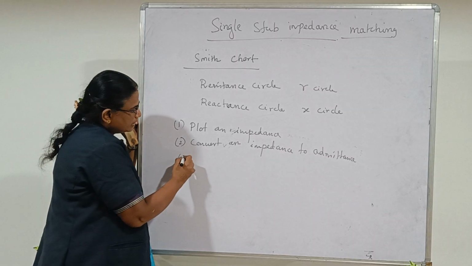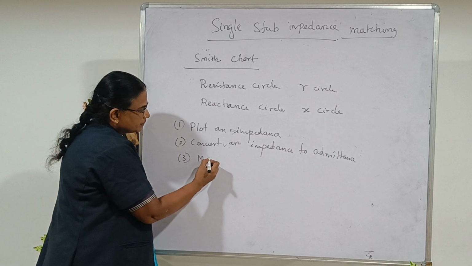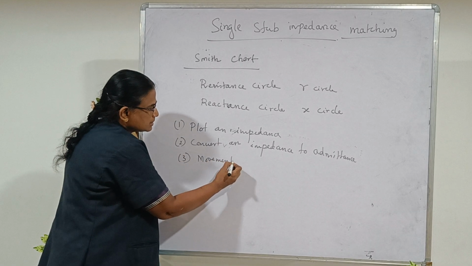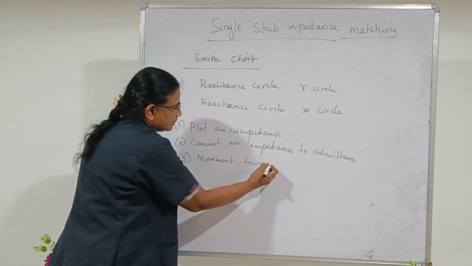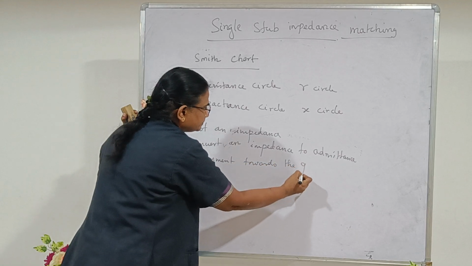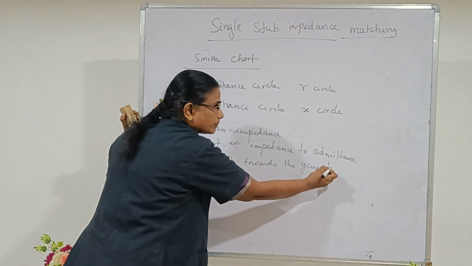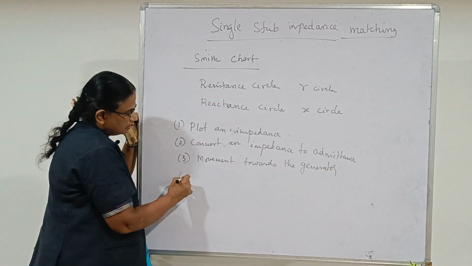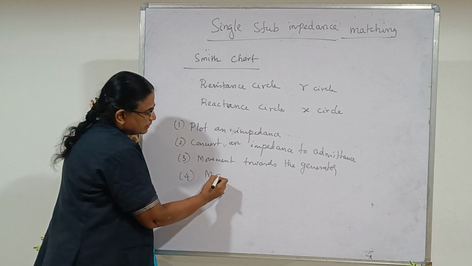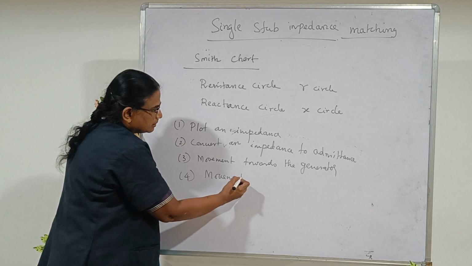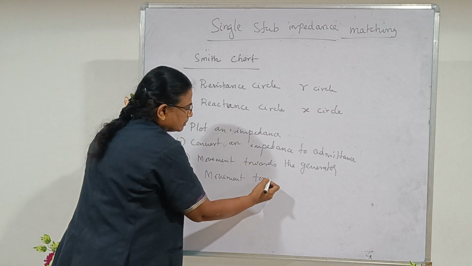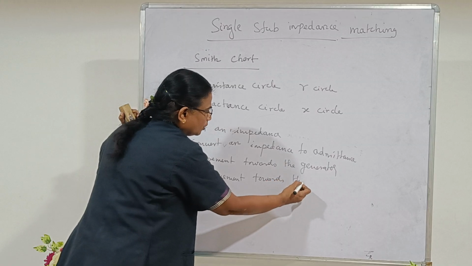Then the third one is movement towards the generator, and then movement towards the load.